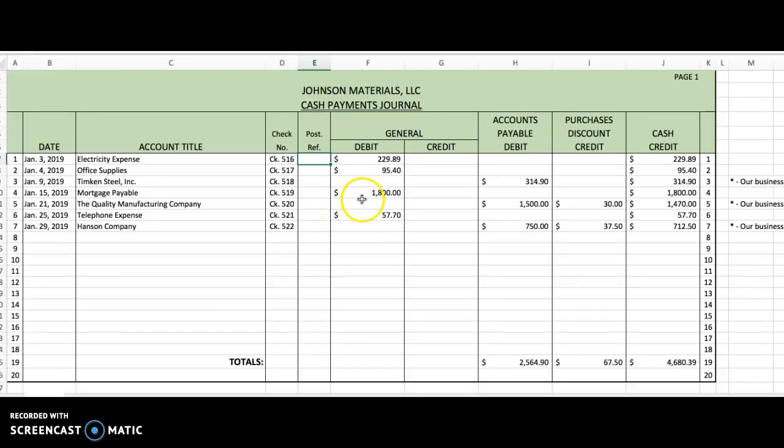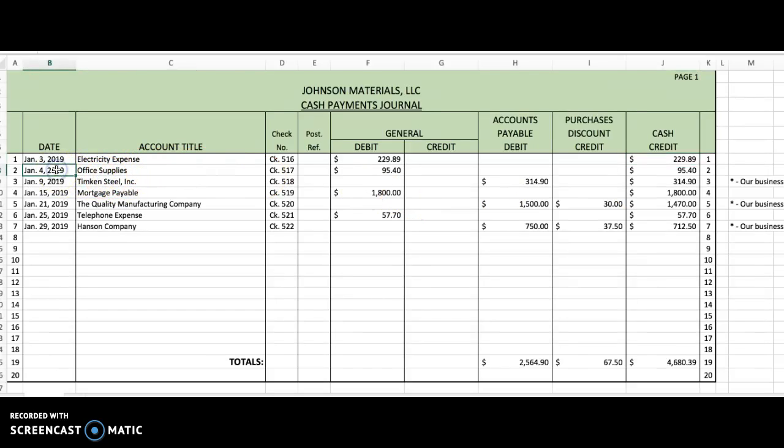We're not quite ready for that yet, so we'll look at that later. So the transaction is debited in general debit, which will go to electricity expense, and there's no discount, nothing else. We're not paying an accounts payable, we're not paying a liability account here, so accounts payable is not used, and cash is credited. Very simple transaction. We've had this kind of transaction before in the general journal.